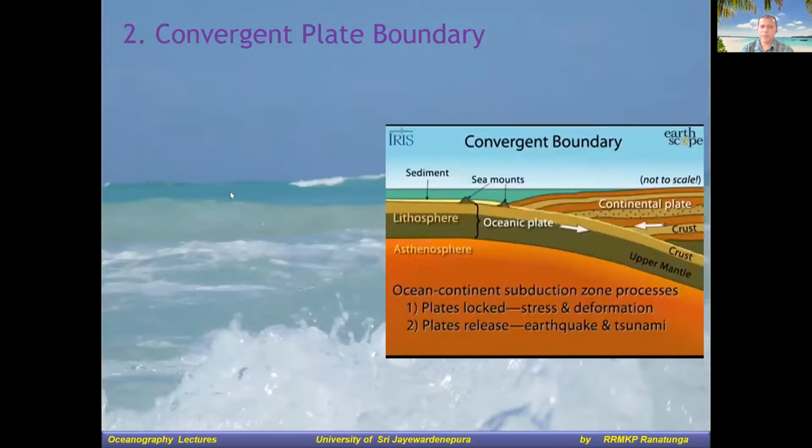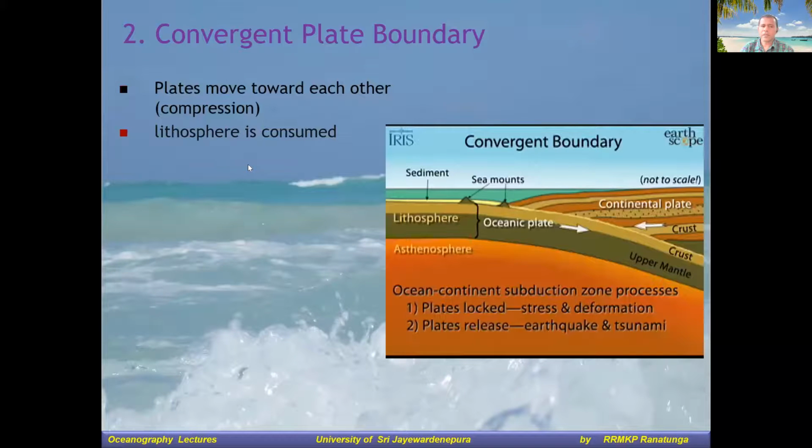Now the second type of boundary is the convergent plate boundary. The convergent plate boundary can be either in the continent, or between the continent and the ocean, or in the ocean itself, right? So as mentioned before, there'd be a lot of compression here. And in the previous case, some new lithosphere was formed.